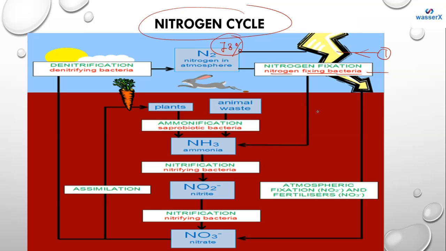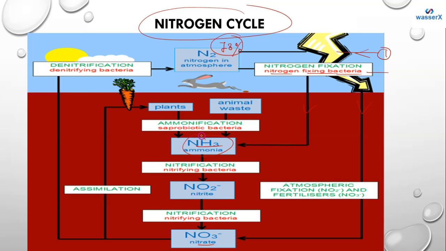As you can see here, the flow chart of this cyclic process: this is the lightning, or you can say fixing bacteria, that fixes the atmospheric nitrogen in the soil, sometimes in the form of ammonia, sometimes in the form of nitrate.